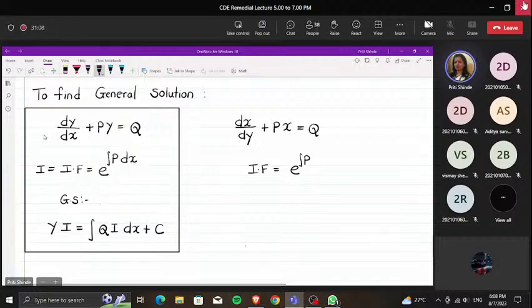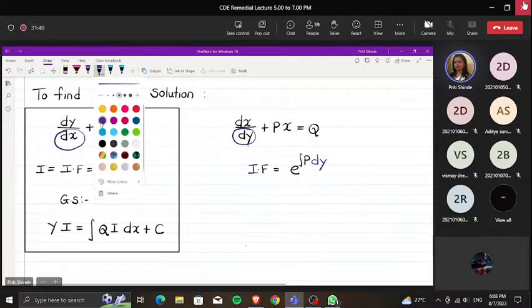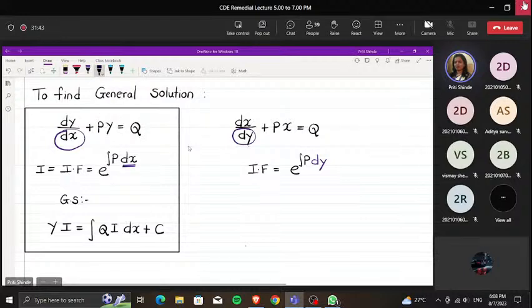Your differentiation here is with respect to x, so integration is with respect to x. Here derivative is with respect to y, so my integrating factor is e raised to integration of p dy. Okay, normally here you have confusion with respect to x or with respect to y. Derivative is with respect to x, so integration with respect to x. Here derivative is with respect to y, so integration is with respect to y. So this is my integrating factor.